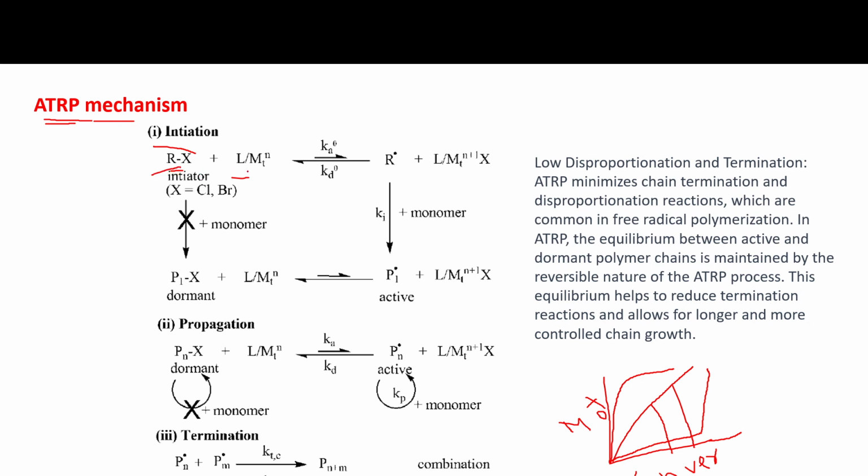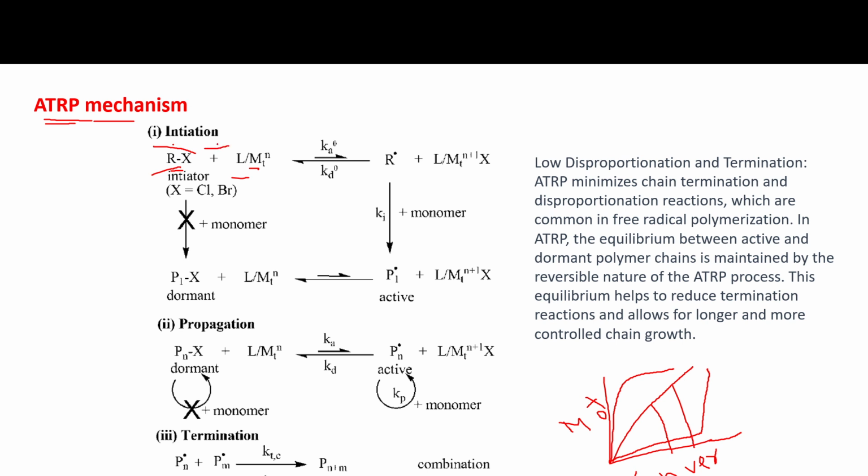So this is the metal. The metal has the probability to take one electron. If it takes one electron from this bond, there will be an R dot. So this will be a homolytic cleavage.